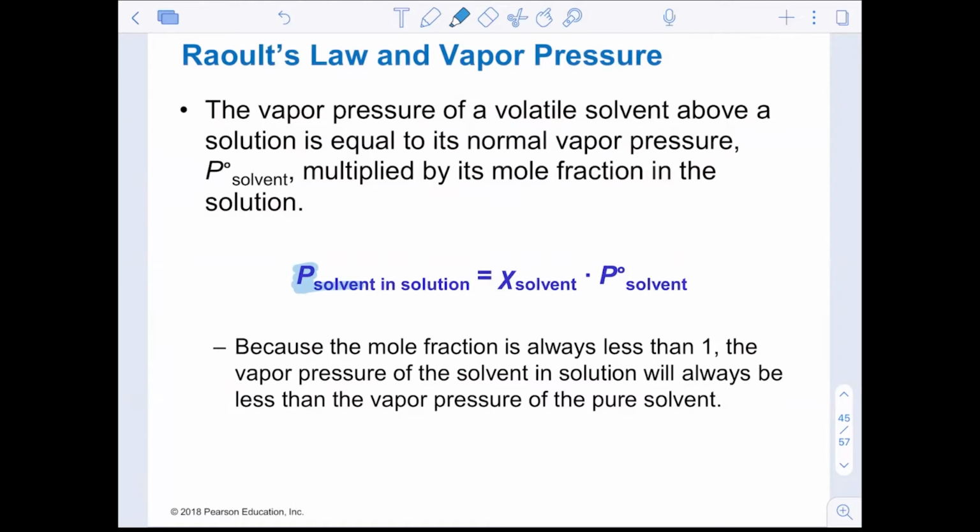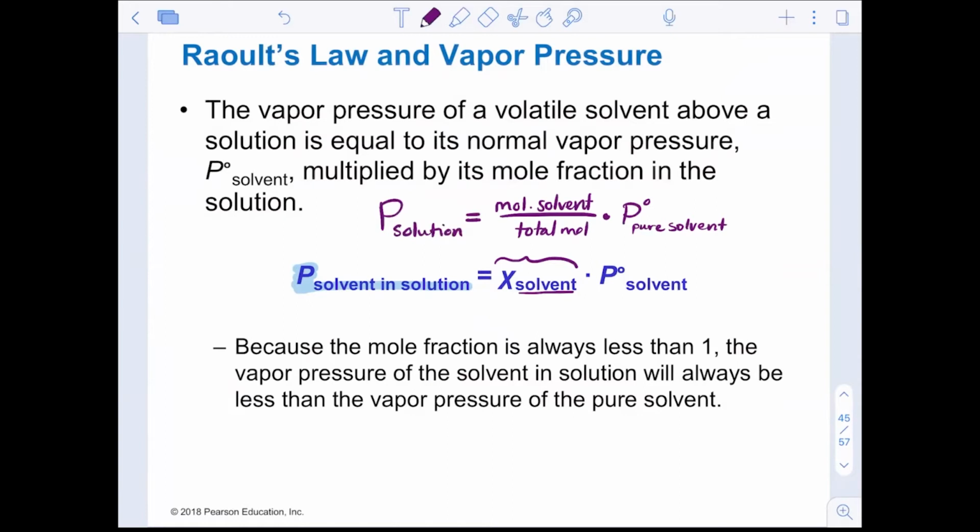That mole ratio or mole fraction, if you use that of the solvent, moles of the solvent divided by total moles, and you multiply it by the original pure vapor pressure of the solvent, then you would get not the change, you would get the actual new pressure of the solution.